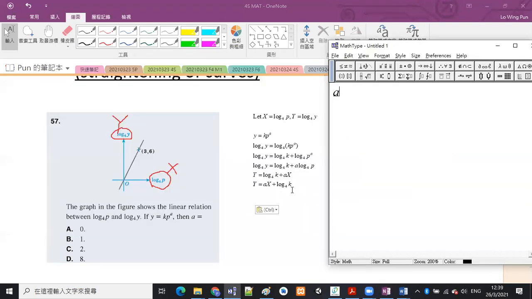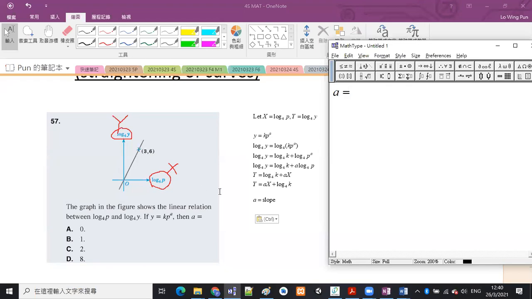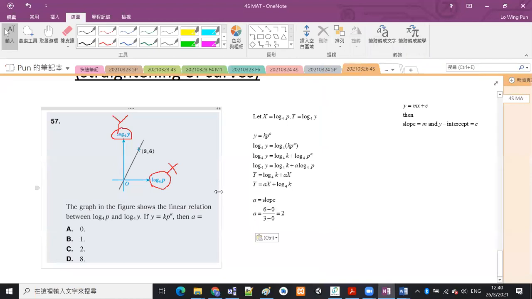So a is equal to the slope of the straight line. But do we have the slope? No, but we have the coordinates of 2 points, so we can calculate the slope ourselves. So a is equal to y2 minus y1 over x2 minus x1. That is equal to 2. And that is the answer of this question.